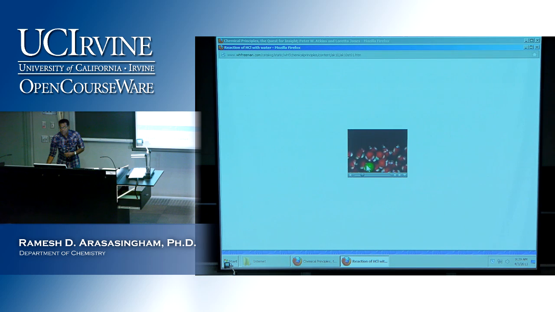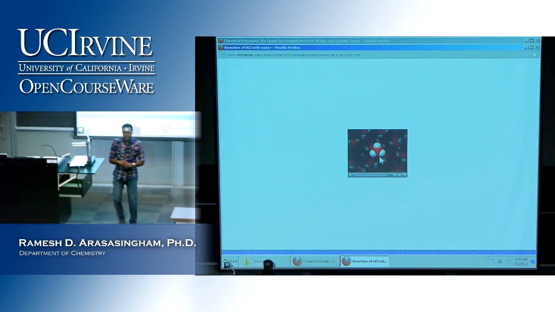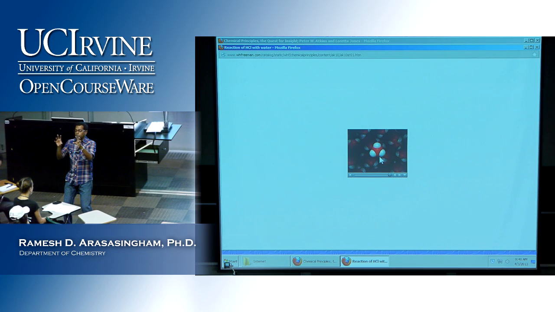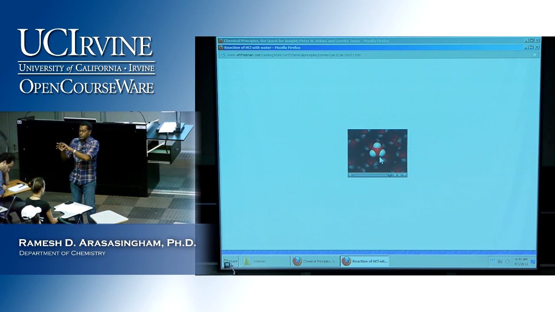So you can see the HCl molecule here. There's the hydrogen atom on the HCl. And now you can see that it's being transferred to the water molecule to form a hydronium ion. And then, remember I told you the reason that it's very difficult to pin down a hydronium ion is because they're hydrogen bonded. One hydronium ion can transfer the proton to another water molecule and form a hydronium ion, and then that will transfer it to another.